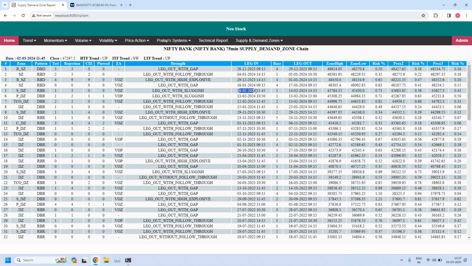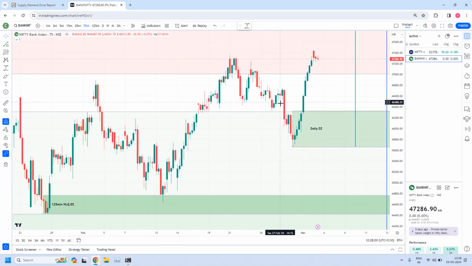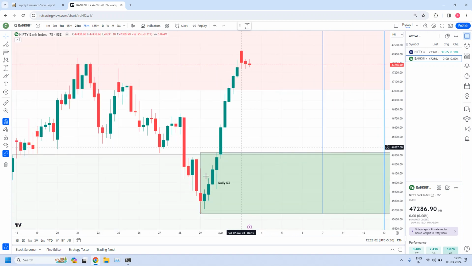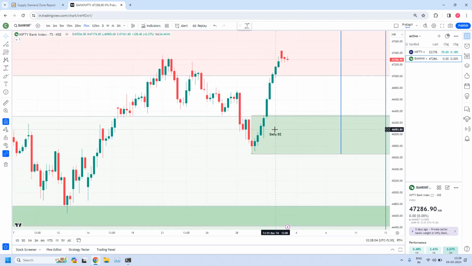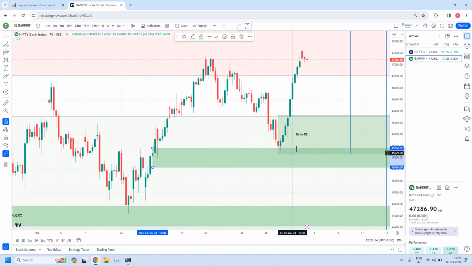This is 14th February, 11:45, one base candle. Not this one. Yes, this is the one we got the trade. When did we get it? On Thursday. See here, this was reached on Thursday. This was the trade I was referring to earlier.